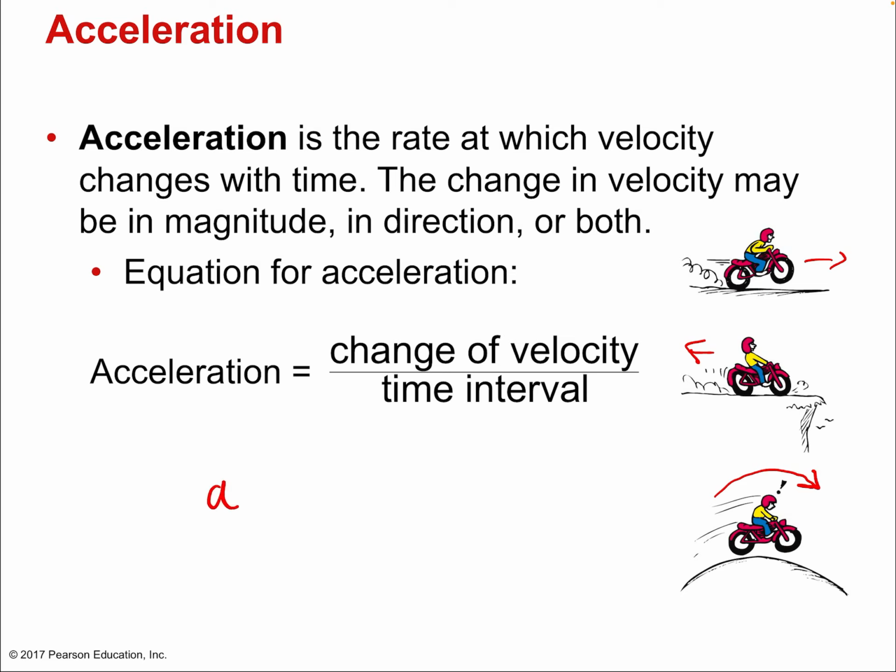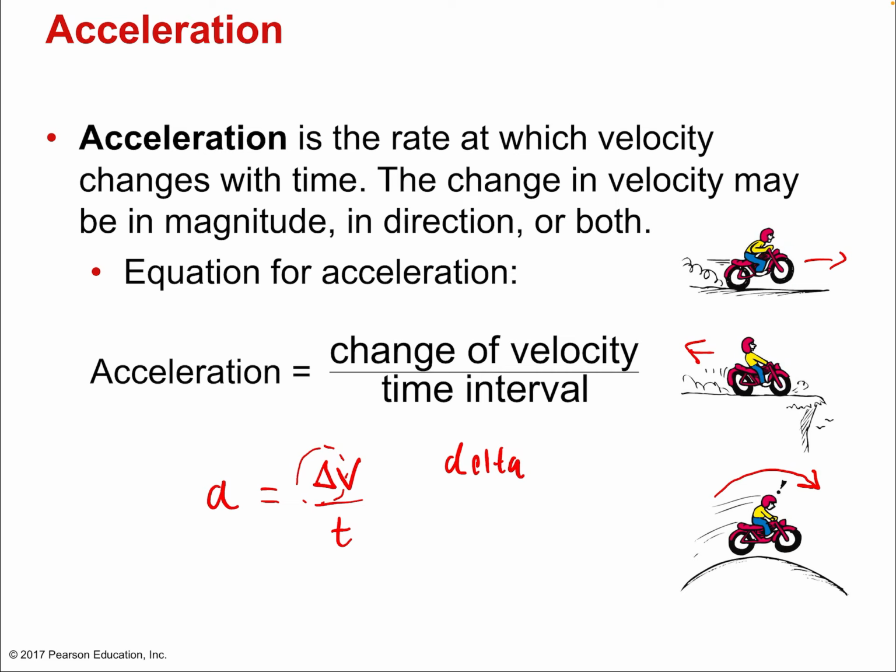As an equation, symbolically, a for acceleration equals the change in velocity, delta v, see that? Over t. And this delta symbol here is the uppercase Greek letter delta, all right?